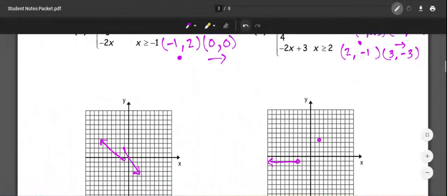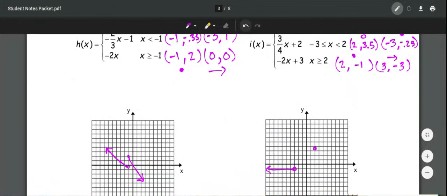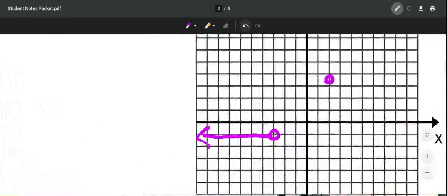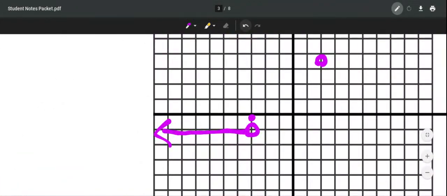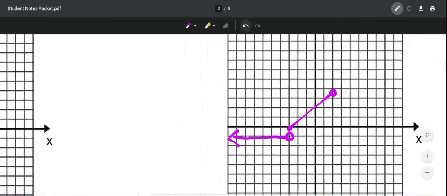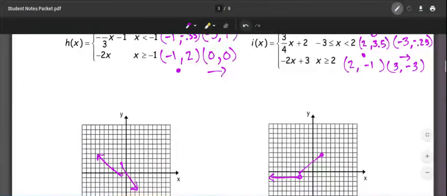But then the other one is closed. It's -3, -2.5 and that is closed. So those are just connected. So when you have boundaries on either end, there's no arrows. It just goes from closed to open, or open to closed, however you connected them.